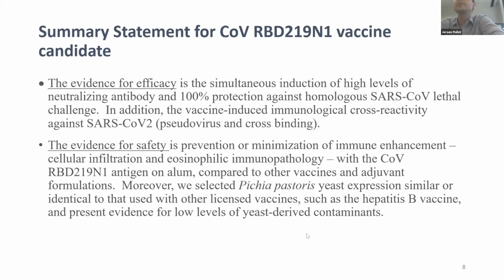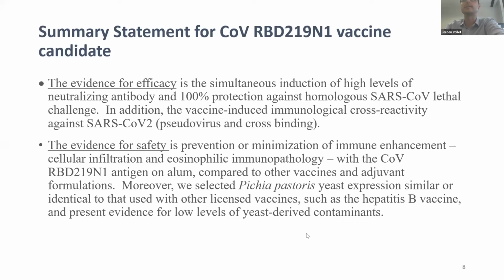But we have some clear evidence for safety, and that would probably go for both the new and old SARS, that the aluminum vaccines are not as dangerous as some people want you to believe. And because we make our proteins in Pichia pastoris, this has been done, for example, for hepatitis B vaccine. So there's a really good track record there with this type of vaccines. A track record which is, by the way, missing, of course, for all the mRNA and the DNA vaccines and the adenoviral vaccines.